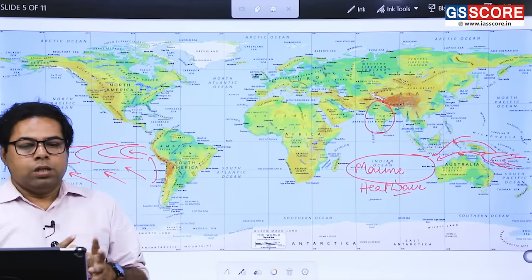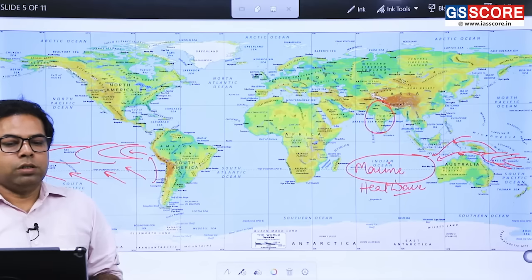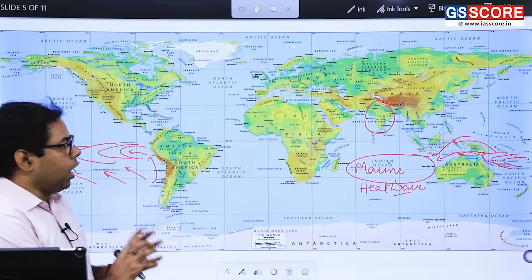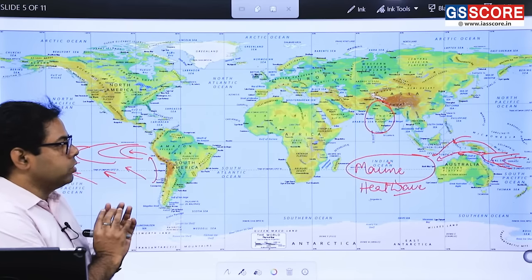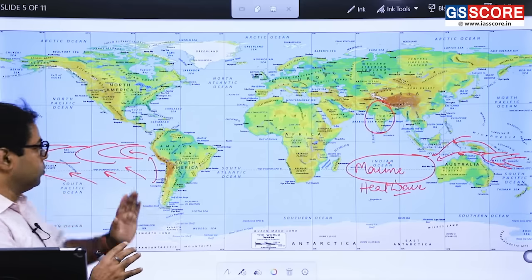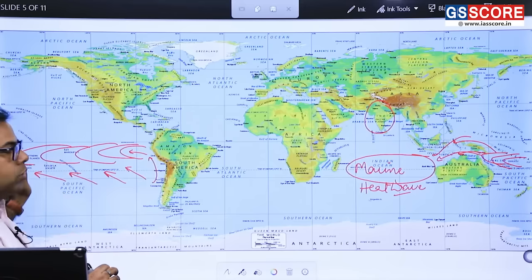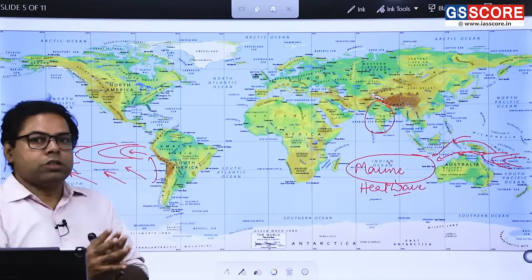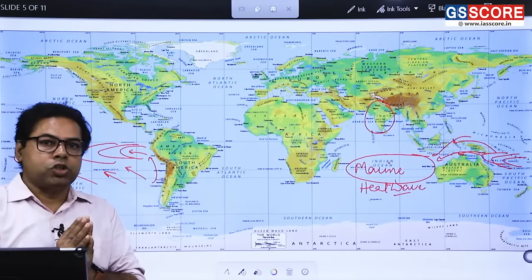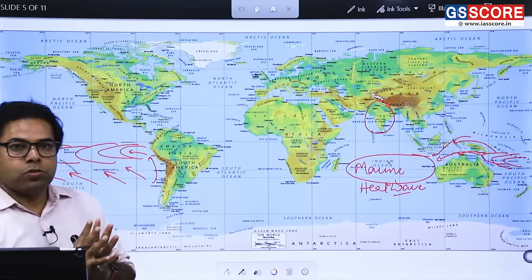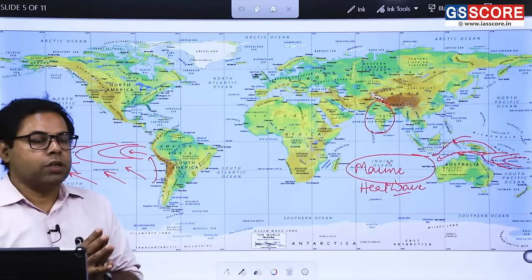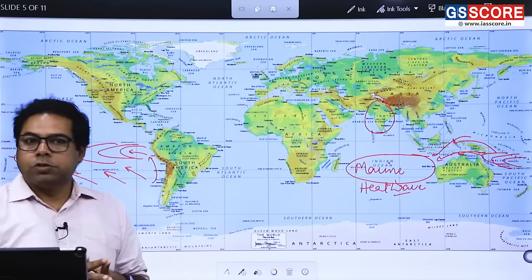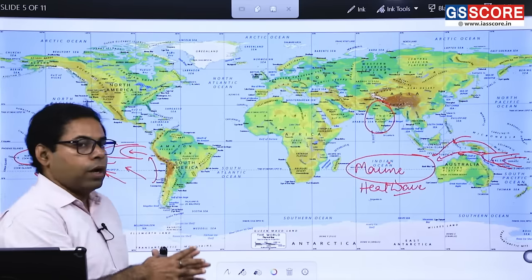It has been observed that the arrival of El Nino, or the expansion of El Nino from the Southeast Pacific to the Southwest Pacific and to the Indian Ocean, is responsible for the rise in the temperature of the sea surface, or the heating of the Indian Ocean. That is responsible for the marine heat wave.